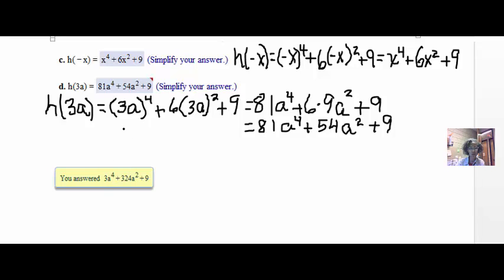To get 3a to the fourth, that would have involved not squaring the 3, but only squaring the a.